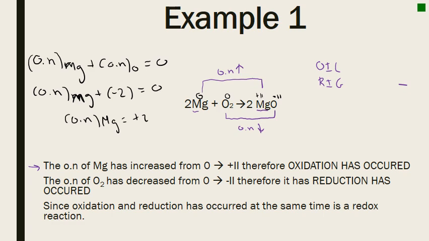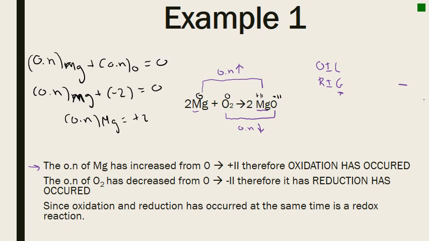While for oxygen, it went from 0 to -2. For it to be -2, remember electrons are negatively charged, therefore the oxidation number went from 0 to -2. Remember, reduction is the gain of electrons. So for it to go from 0 to a negative charge, it must have had to gain electrons.